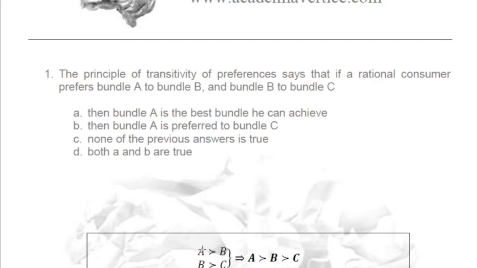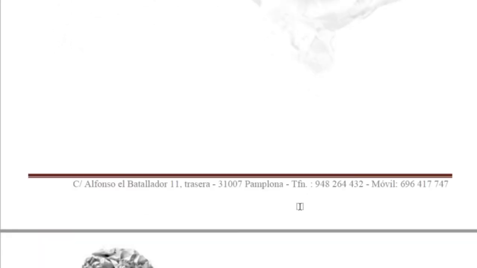Mathematically, we express the transitivity property like this: if bundle A is preferred to bundle B and bundle B is preferred to bundle C, then bundle A is preferred to bundle C. So clearly the true one is B. But it's quite easy.